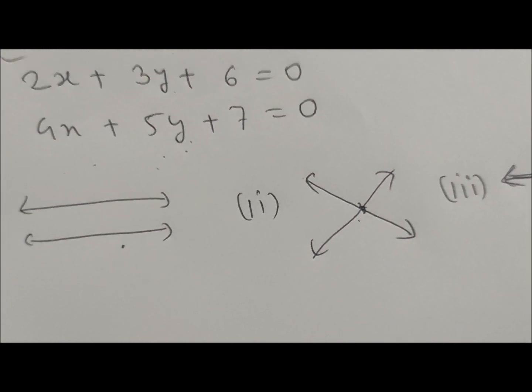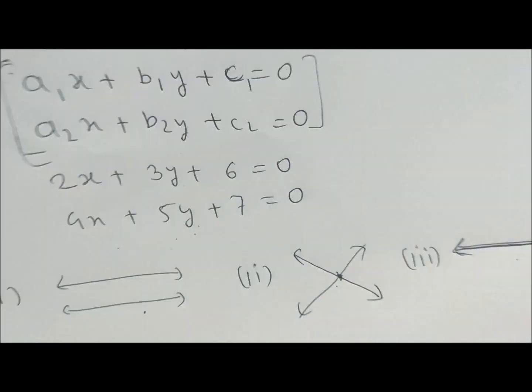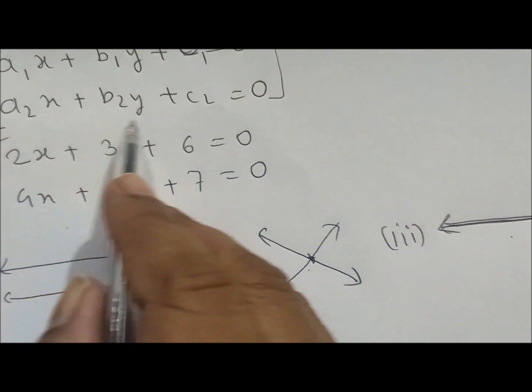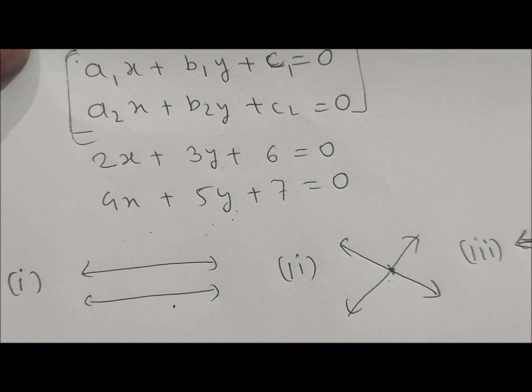We have seen the general equations a1x plus b1y plus c1 equal to 0 and a2x plus b2y plus c2 equal to 0.